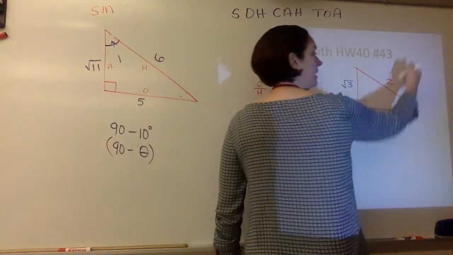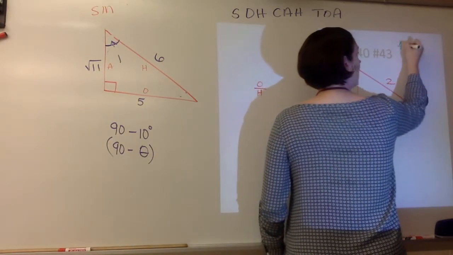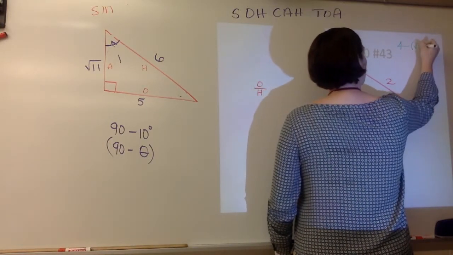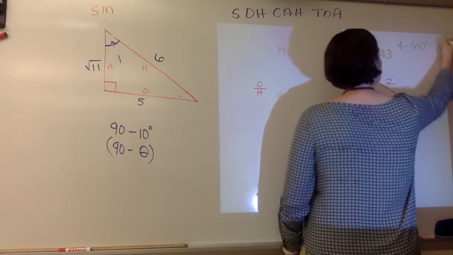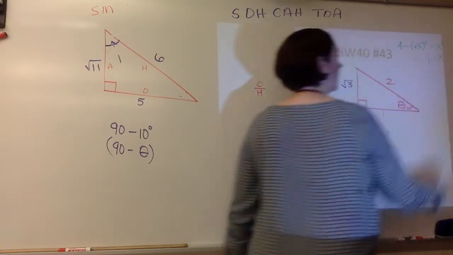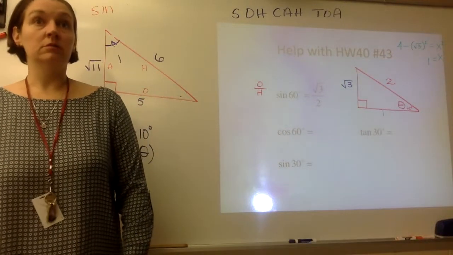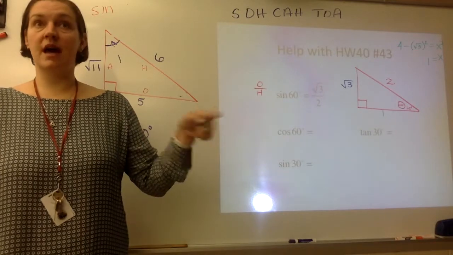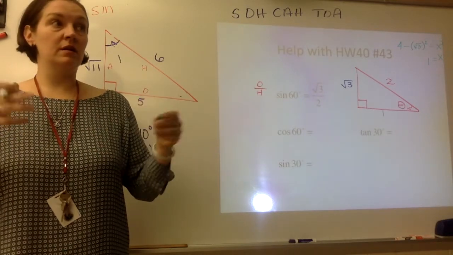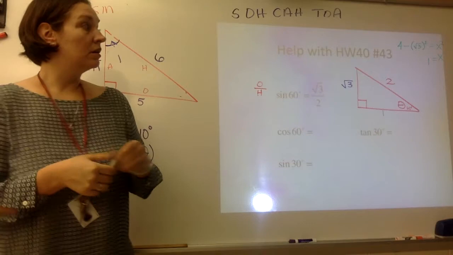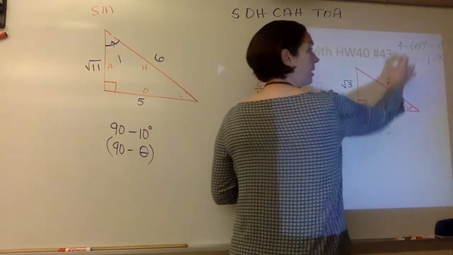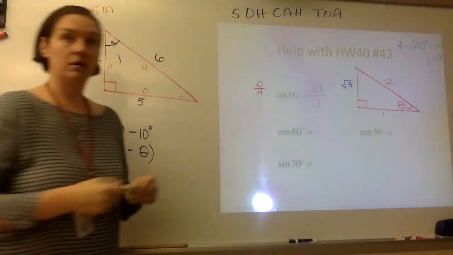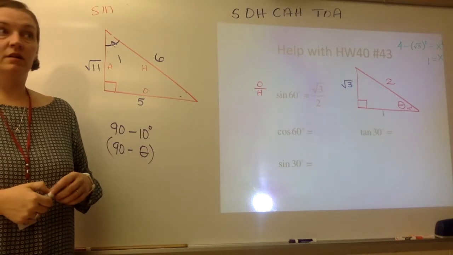If I do a quick calculation up here, I'm going to get 4 minus √3 squared is equal to x squared. X is equal to 1. Yes? Longest side minus the other side squared. 2 squared is 4. We good?